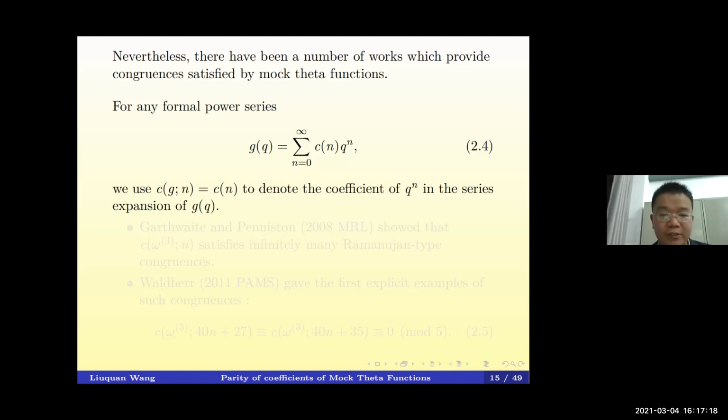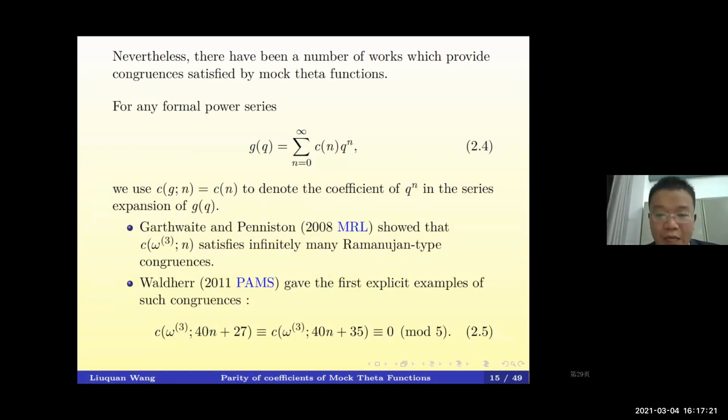And in 2008, Garvan and Ono showed that the third-order mock theta function omega(q), its coefficients satisfy infinitely many Ramanujan-type congruences. And in 2011, Waldherr gave the first explicit examples of such congruences.